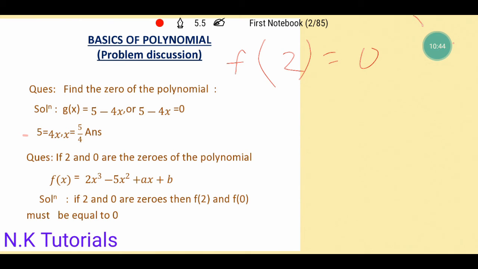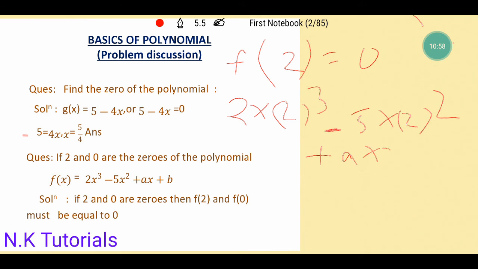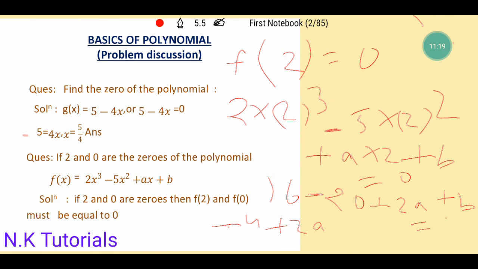Then put 2, and it will be 2 into 2 whole cube minus 5 into 2 whole square plus a into 2 plus b is equal to 0. So it will come 16 minus 20 plus 2a plus b, means minus 4 plus 2a plus b is equal to 0.